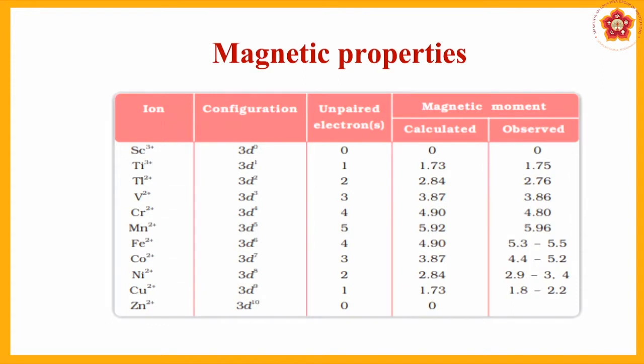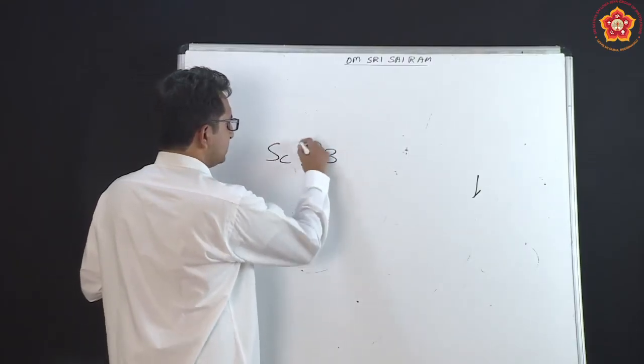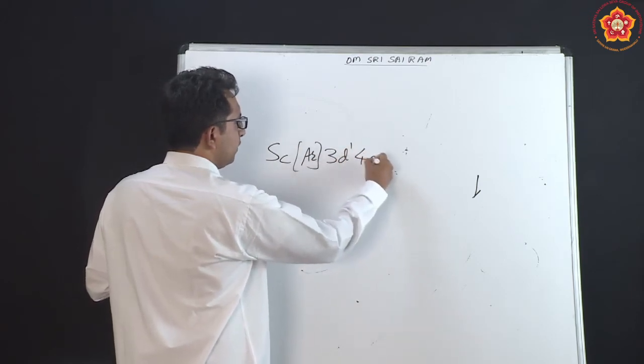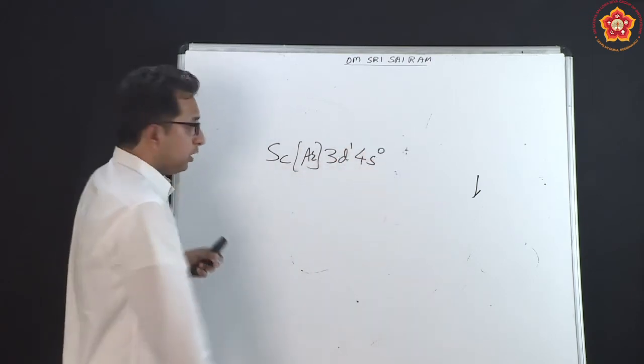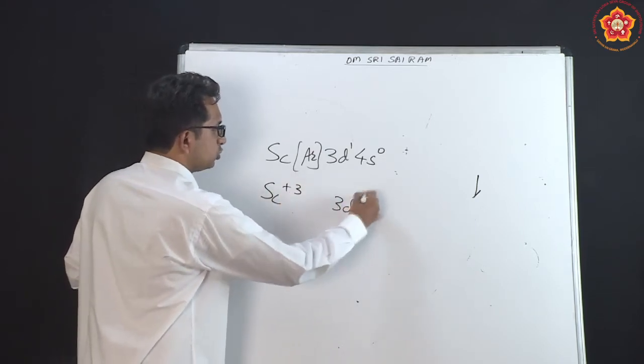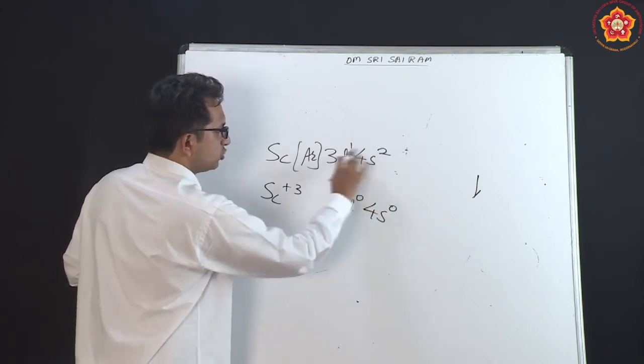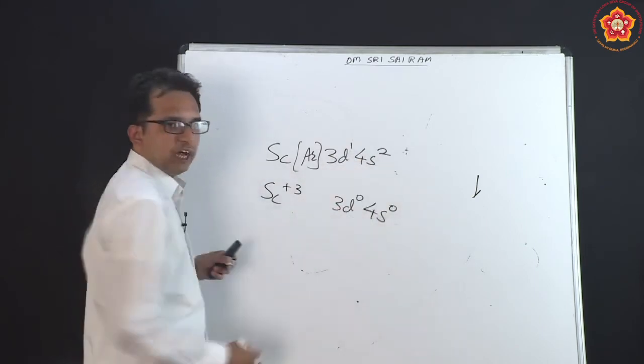The very first example taken is Sc3+, scandium 3 plus. What is the condition of this scandium 3 plus? We know very well scandium has an electronic configuration of argon inside, followed by 3d1 4s2. Now, if it is in the +3 state, 3d is 0 and 4s is also 0 because 3 electrons have been removed.